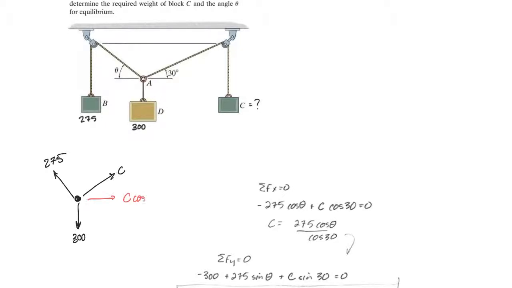C cos 30 and C sine 30. 275 cos theta and 275 sine theta. Alright, again we'll call that the x direction by convention, and the y direction will be going up like that. Alright, let's sum the forces and see what we get.